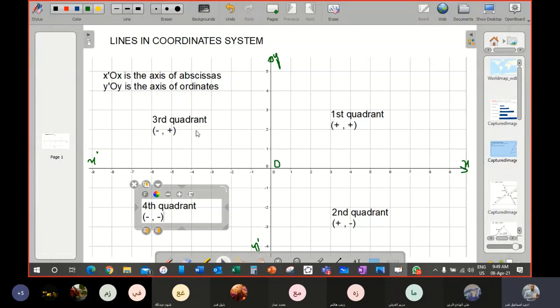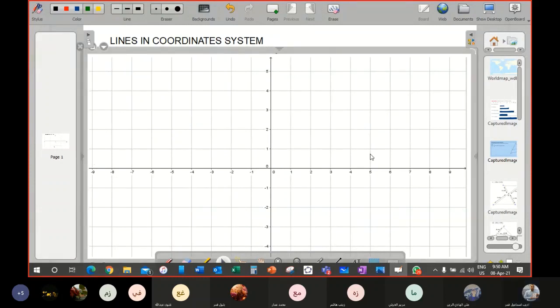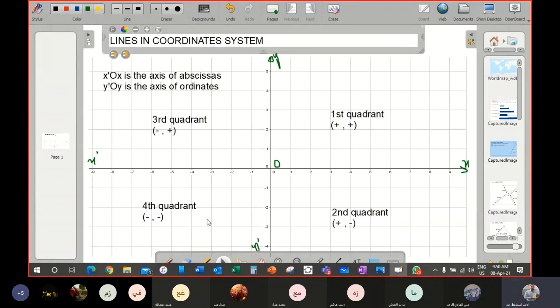On the third quadrant, the abscissas are on OX prime negative and the ordinates are on OY positive. On the fourth quadrant, the abscissas are on OX prime negative and the ordinates are on OY prime negative.